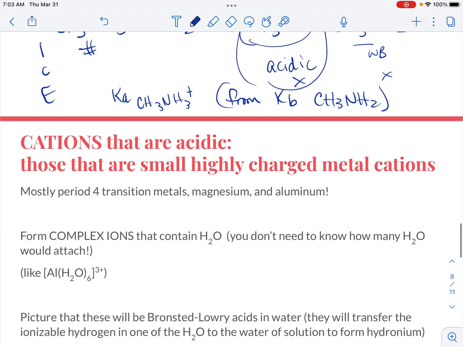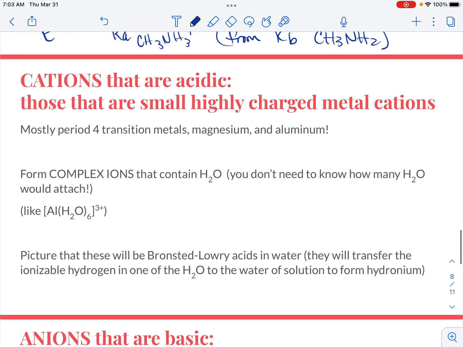Okay. The next thing I want to look at then is the other acidic cations, and these are ones that create complex ions, and so you haven't seen this before, but they are usually small, highly charged metal cations. So this is mostly your period 4 transition metals because they're relatively small. We don't see it really in the transition metals that are larger than that.